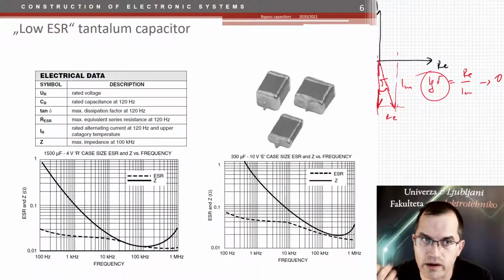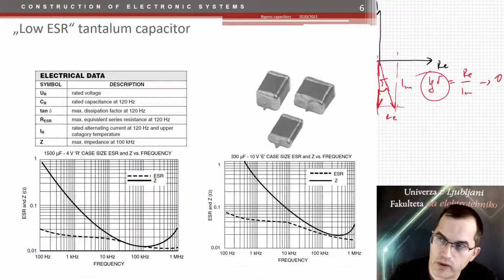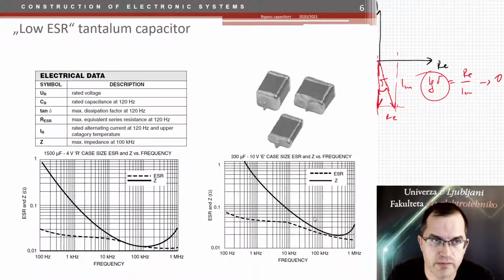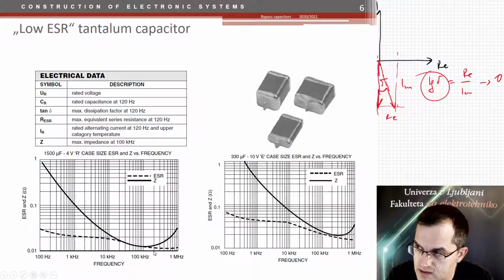They are higher quality capacitors, and besides the basic parameters like tangents delta, they also have graphs. And these graphs would show you the impedance and the equivalent series resistance.